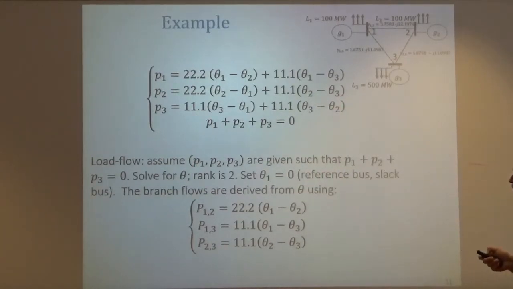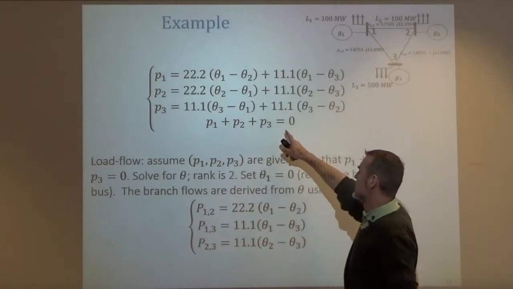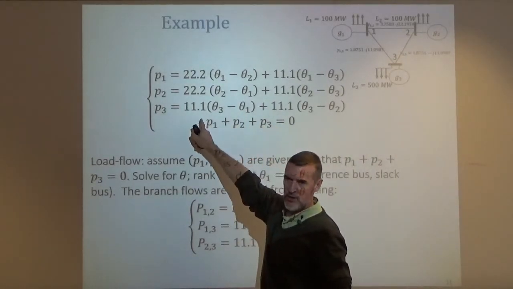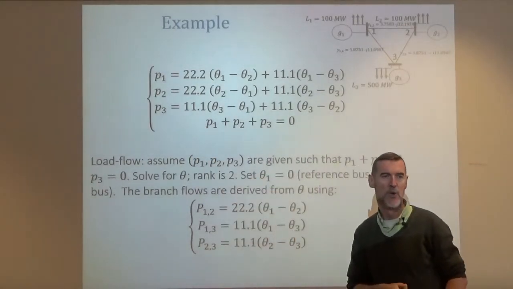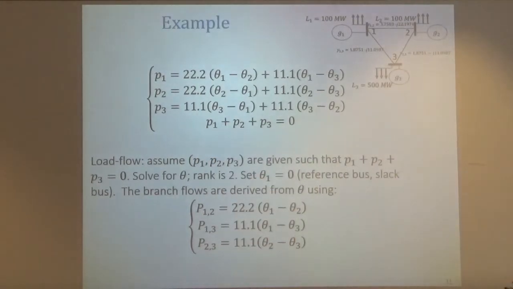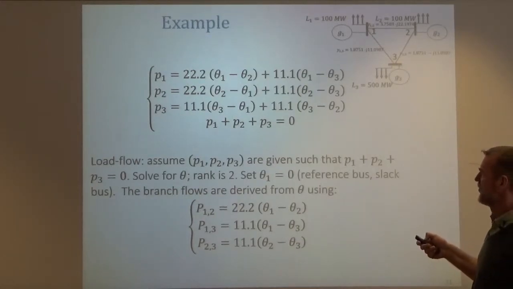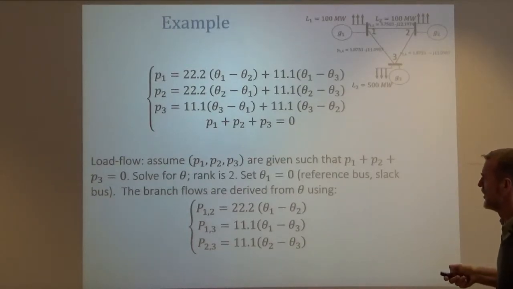And we see that the power flow on the line 3, 1, so from 3 to 1, is exactly the opposite of the other one, which is the same as saying we ignore the power losses. So we have three equalities here. Of course, the sum of the three powers is 0, which means, in fact, out of those three equalities, one is redundant. So in fact, we have only two relations here.